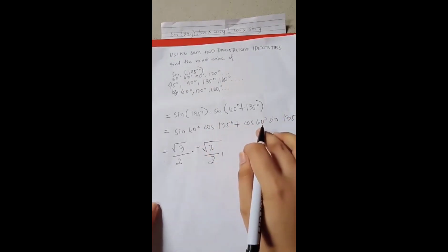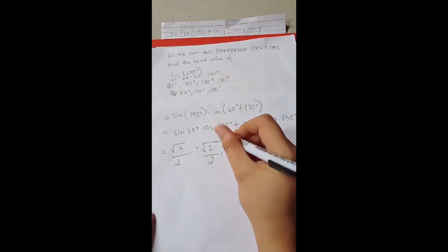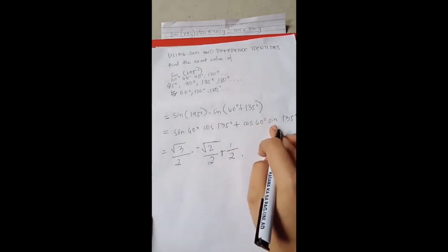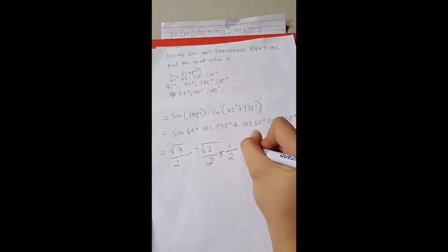Then cosine 60 degrees gives us plus 1/2, and then sine 135 degrees gives us positive root 2 over 2. Now we can simplify this down.